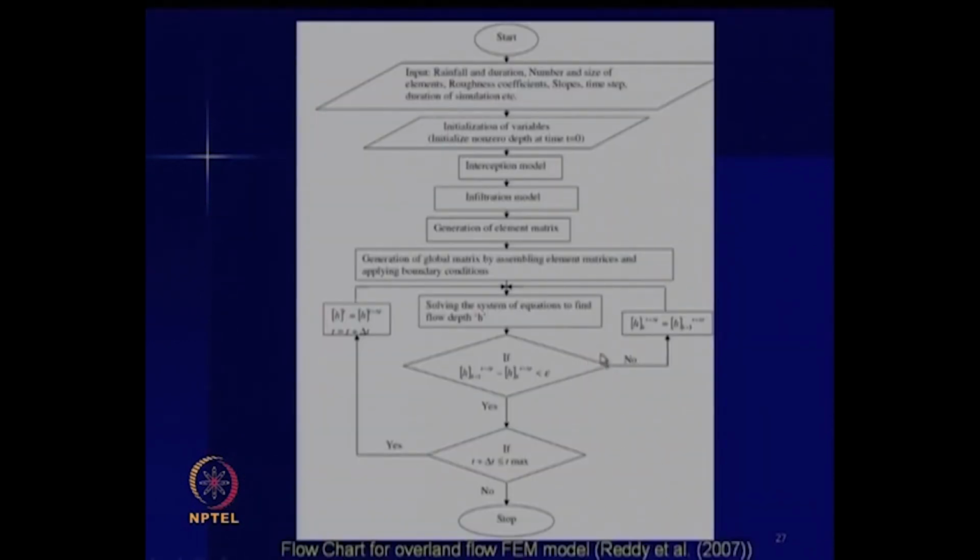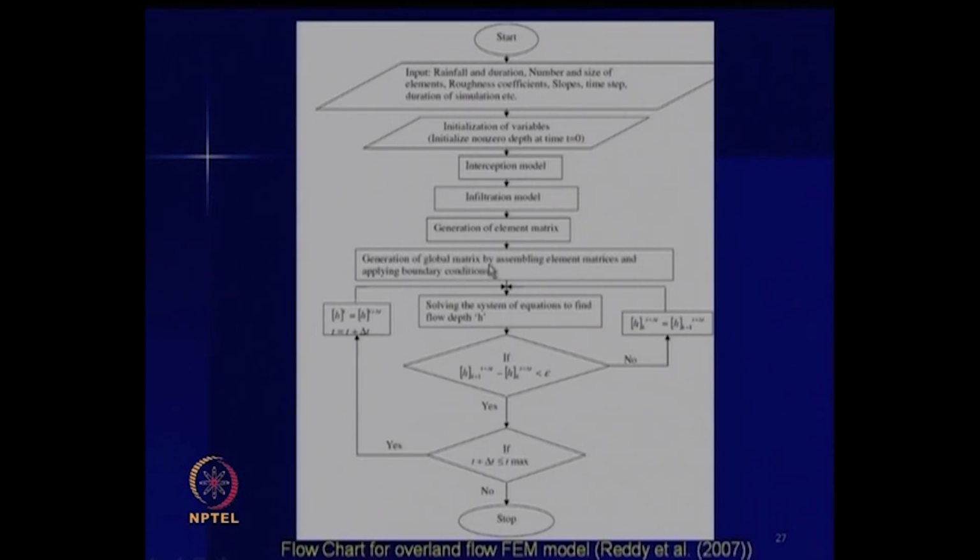Reddy, my student, has developed a model, and the flow chart is given here, for example, for overland flow. With input data and then various hydrologic processes like interception and infiltration, we generate the element matrix using the Galerkin finite element method.